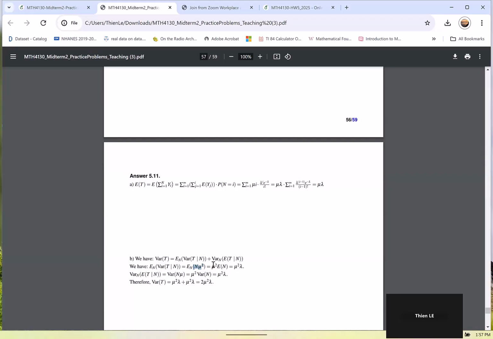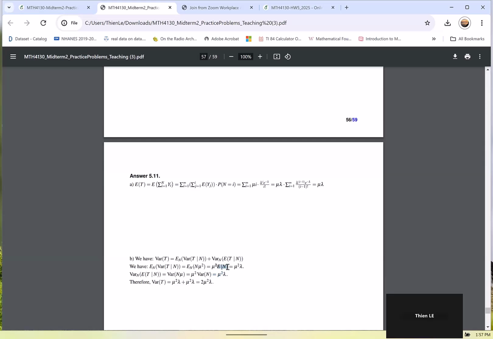And after you get that, you can unravel it and bring it to this. And then the same thing. So you can get the expected value of the variance. And again, you have N mu squared here, and then you can find the variance of N, and it just gives you mu squared lambda again. Just the same here, okay?